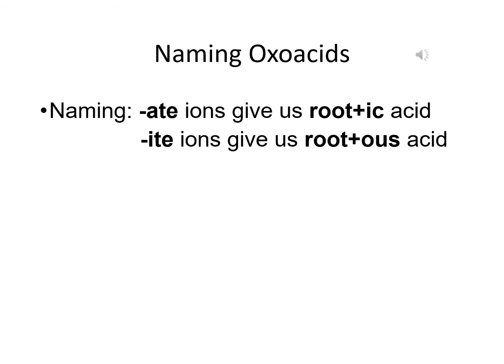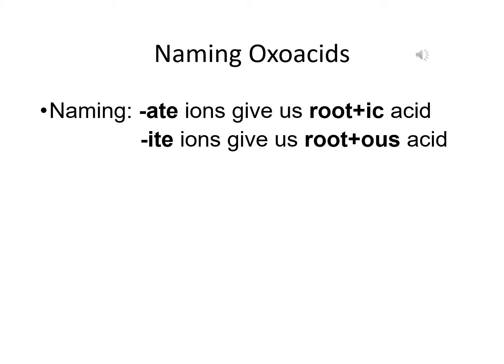So here we see the pattern to naming oxoacids, and the pattern depends on the ending of the polyatomic ion on which the acid is based. Now remember, we said that there are as many hydrogens added to the acid as there are negative charges on the polyatomic ion. So that helps us determine the formula and then the name.